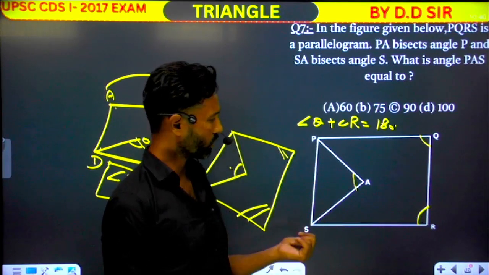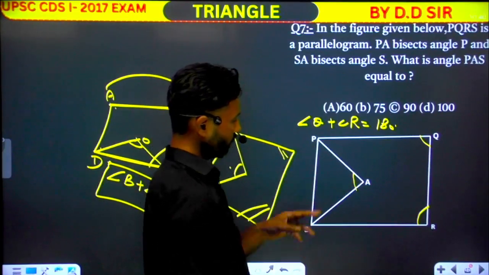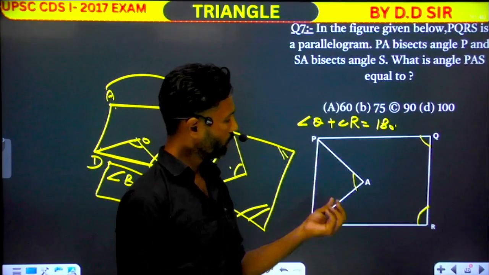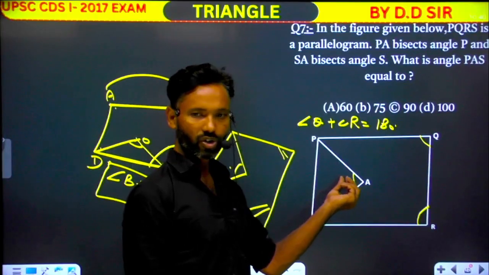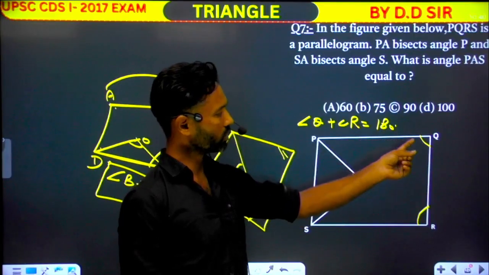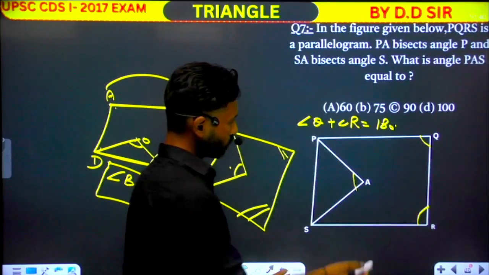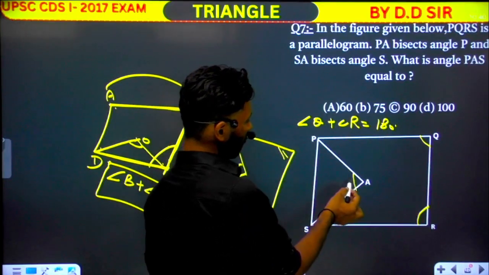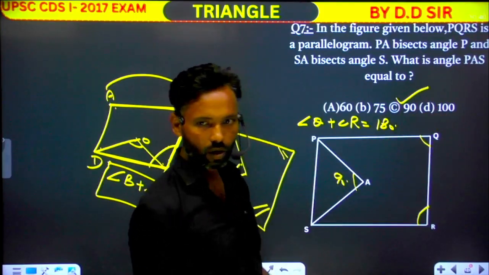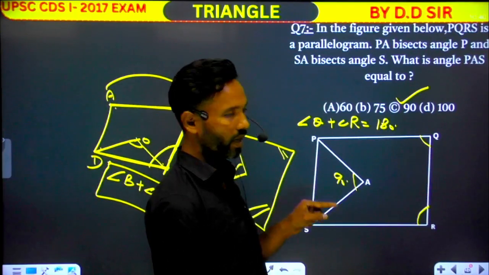Because PA and SA are the bisectors of angle P and angle S, the angle constructed at point A will be equal to half of the sum of angle Q and angle R. The sum of these two angles is 180 degrees, so this angle will be equal to 90 degrees. So option 90 is our answer. You can simplify it this way.